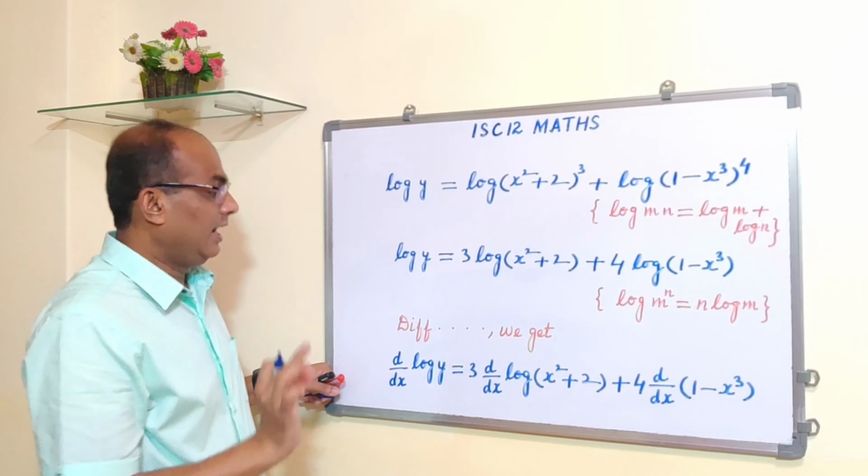Now you take this as x. So d/dx of log x is 1 over x, where x means 1 minus x cube.